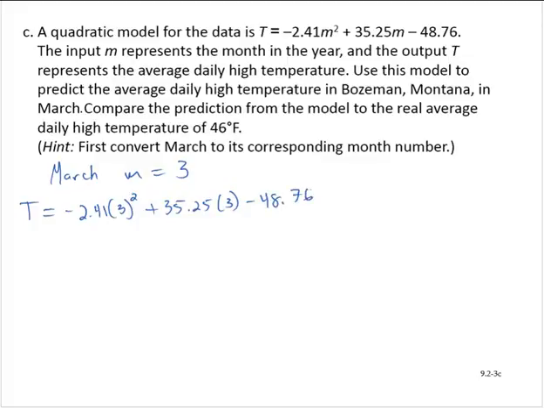All right, so I'm going to use a calculator to calculate this. And I get 35.3.